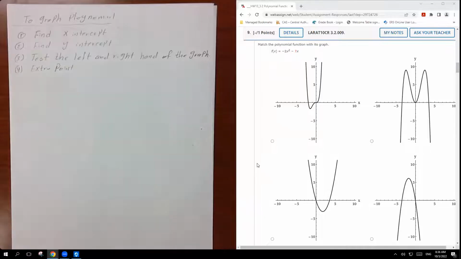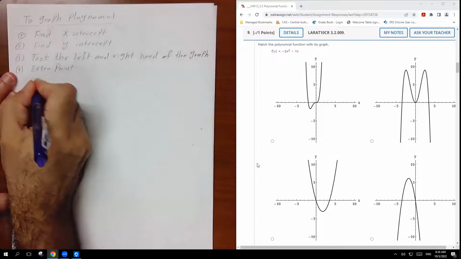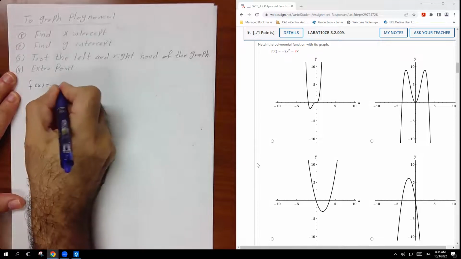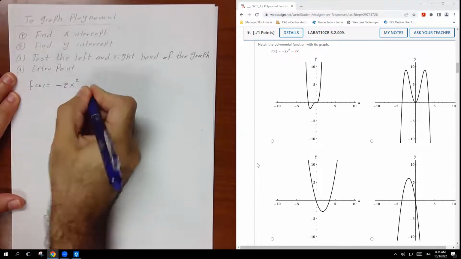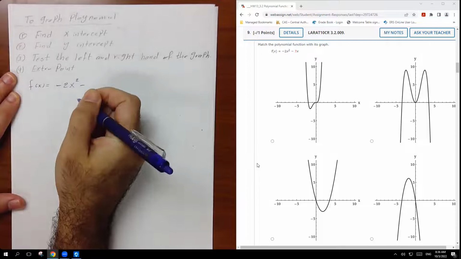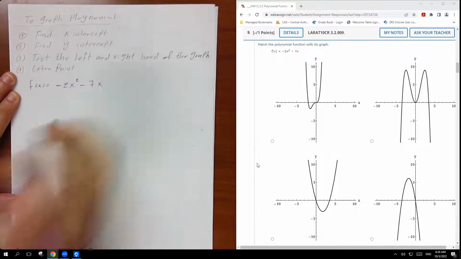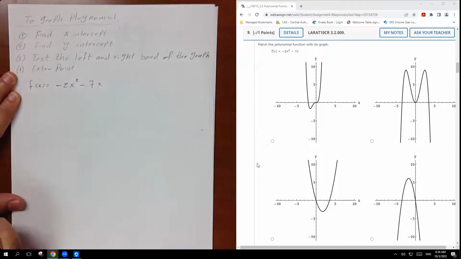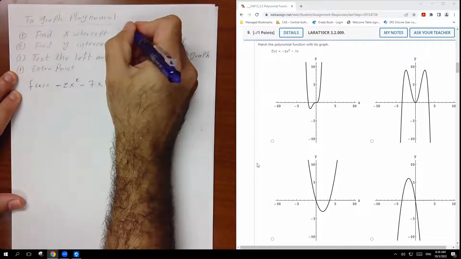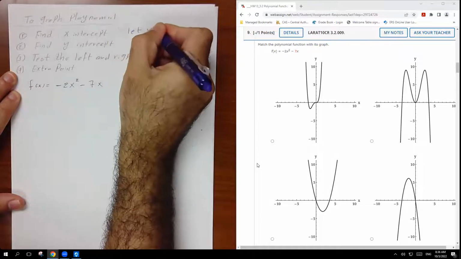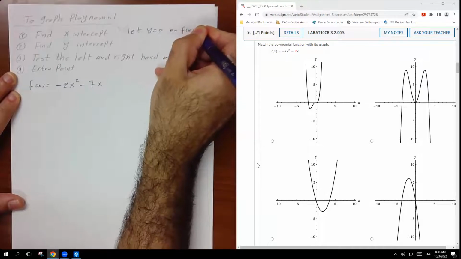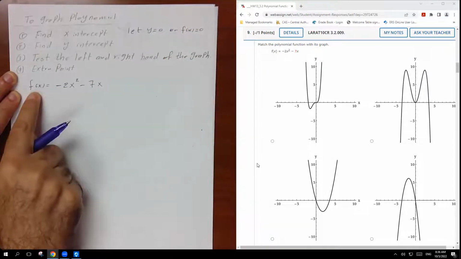So let's graph example 9. We have f of x equals negative 2x squared minus 7x. That's what they ask you. Let's find the first one, the x-intercept. How are we going to find the x-intercept? We're going to let y equal 0, or f of x equal 0.